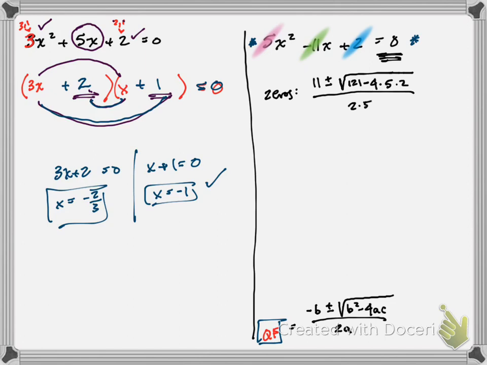So -b plus or minus the square root of b squared minus 4ac all over 2a. That equates to 11 plus or minus the square root of 71 all over 10.